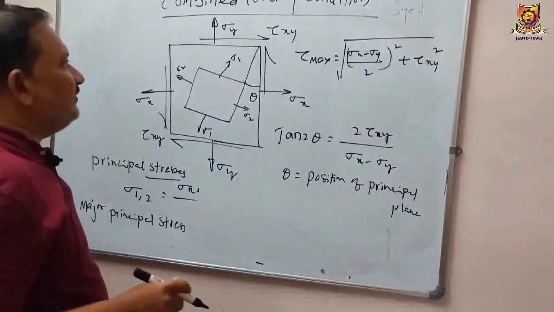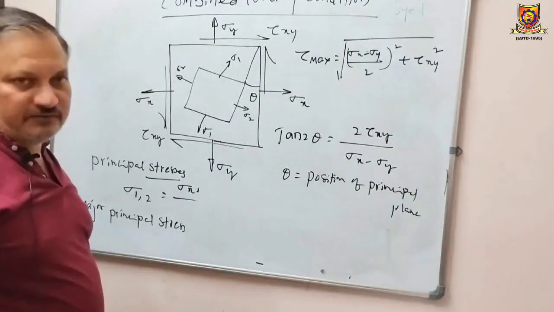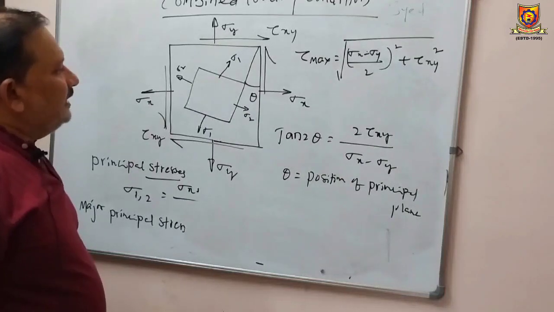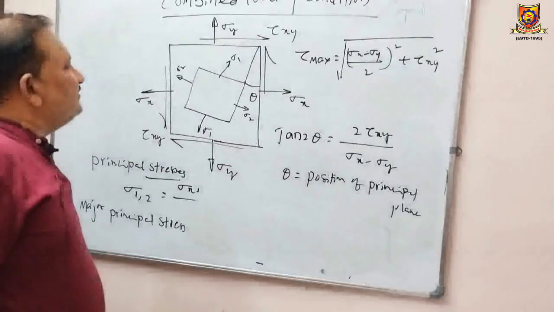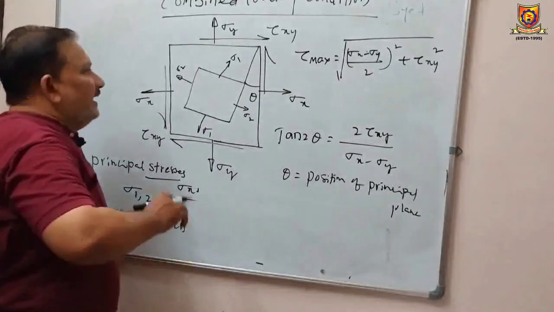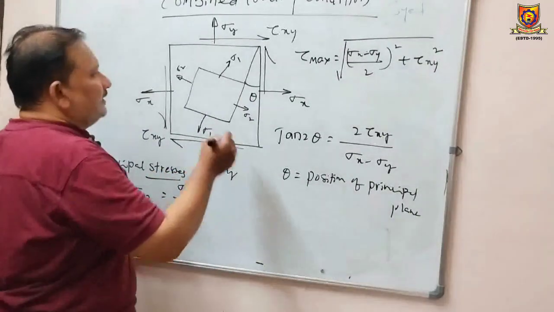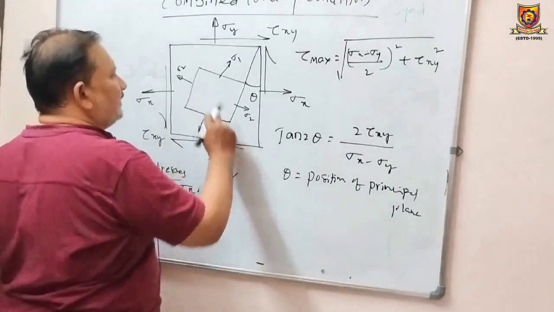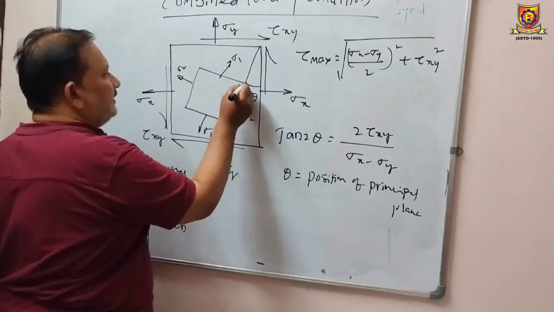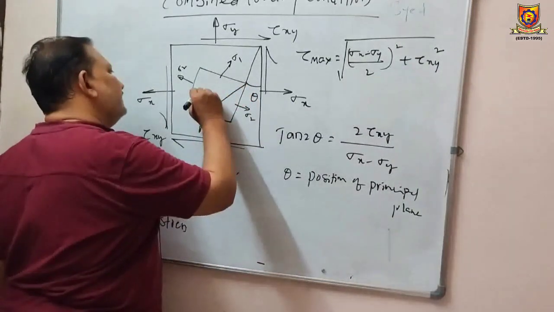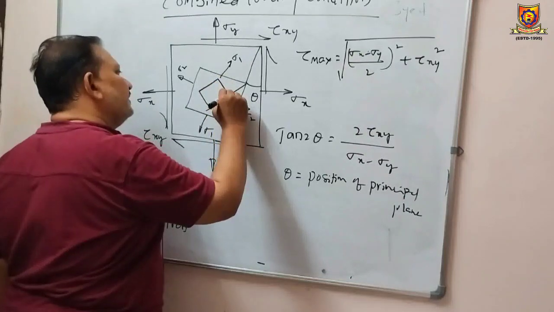So that is the expression for calculating maximum shear stress. But where is the position of the maximum shear plane? The maximum shear plane is 45 degrees to the principal plane.